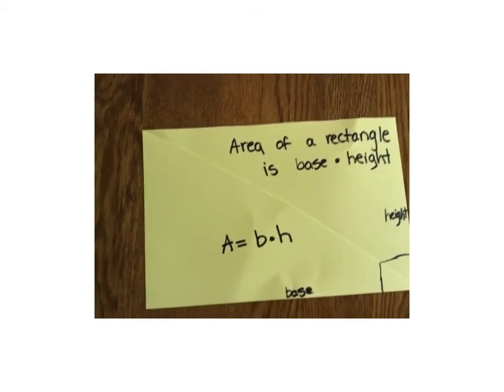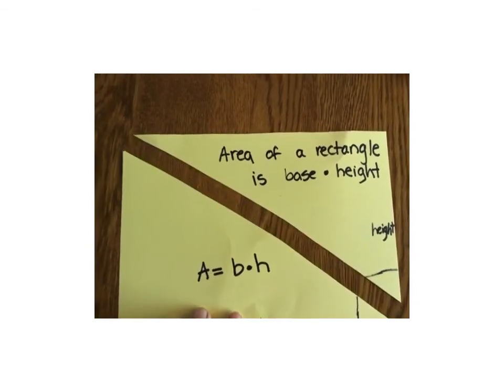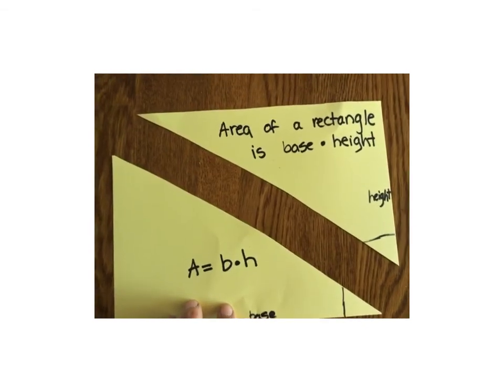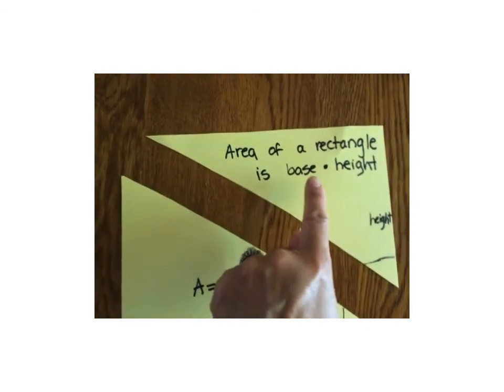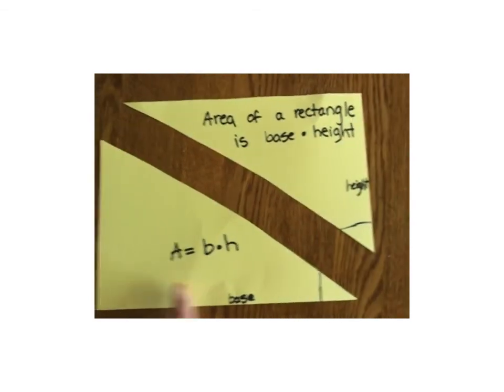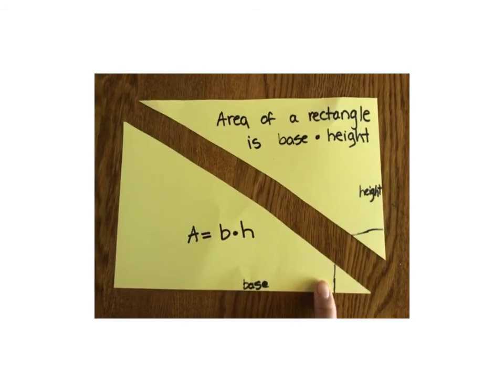You know that from the previous segment that when we cut a rectangle in half, we get two triangles. Two triangles. So this is half of a rectangle. This is the other half of a rectangle. And because it's a right angle, they're identical.